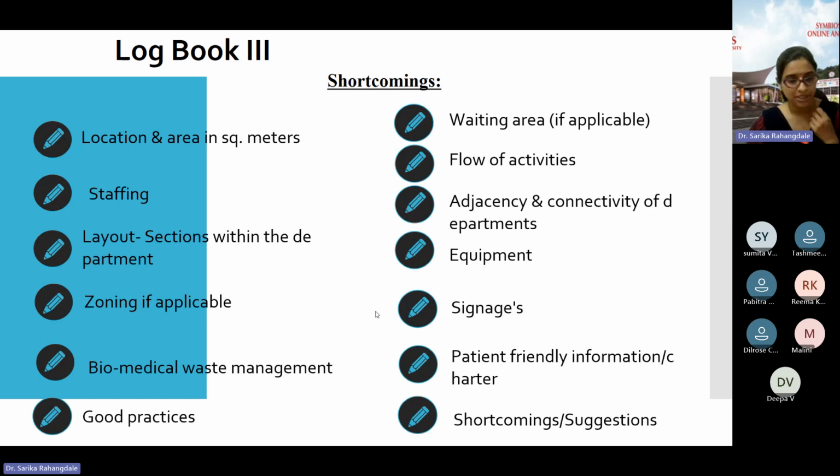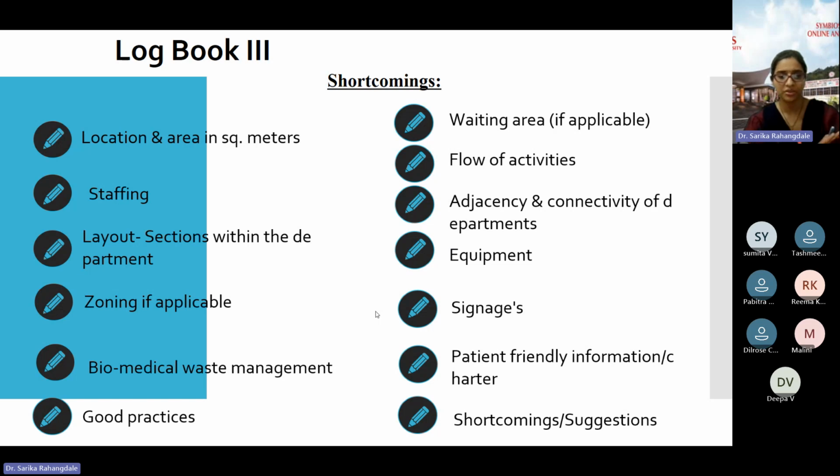And good practices. Good practices may not be available in all hospitals, but a few hospitals are practicing them. For example, in a week, every Wednesday between 1 to 2 there are happy hours, where whoever visits the medicine OPD or OBGY OPD, their consultation will be free.